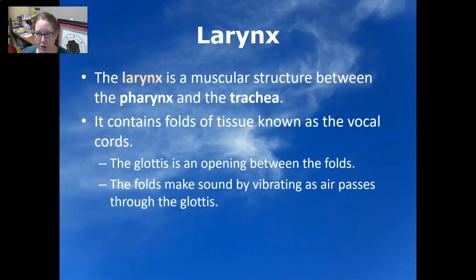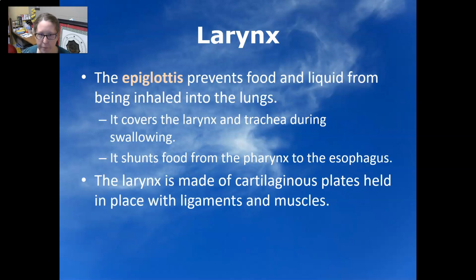It's a muscular structure between the pharynx and the trachea. It contains folds of tissue known as the vocal cords, and the glottis is the opening between the folds, and that's where air would flow. The folds make sound by vibrating as air passes through the glottis, and that's part of how we speak.